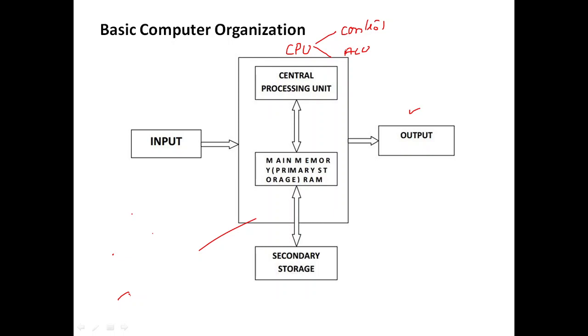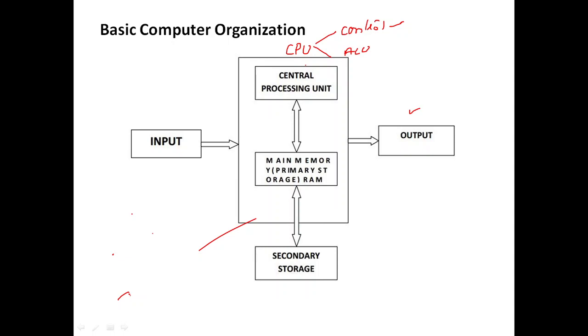Many people forget about the control unit. If we ask what the important parts are, they only say input, output, CPU, memory. But remember, without the control unit we can't process the instructions in a proper manner. The timing signals are very important, and these timing signals are generated by the control unit.